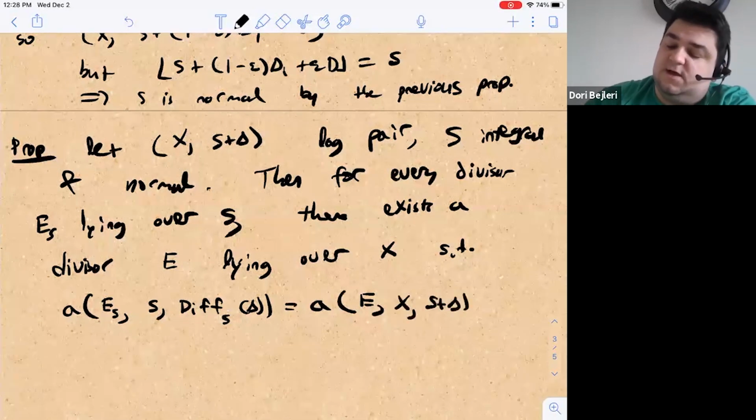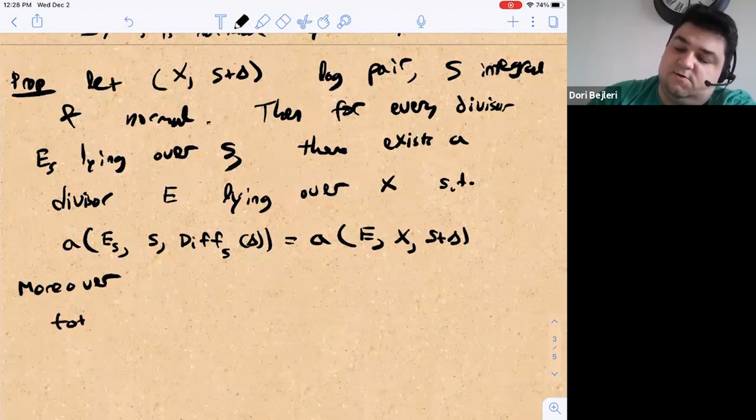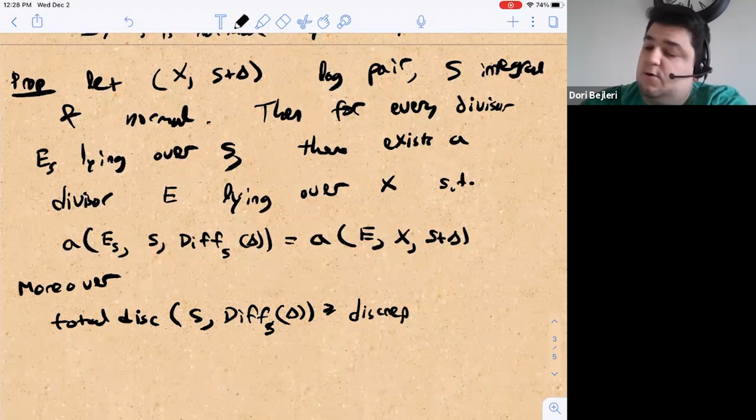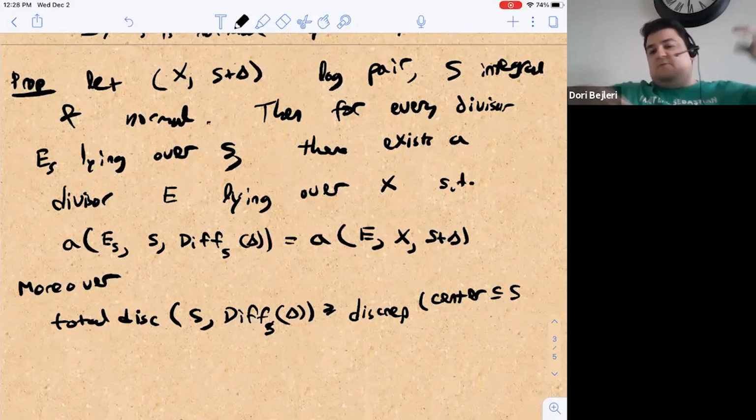And this implies that we have the following inequalities: the total discrepancy of our pair S, comma the different, is greater than or equal to the discrepancy running over all divisors with center contained in S. So if you recall, the discrepancy was this infimum over the discrepancies of all divisors that are exceptional.